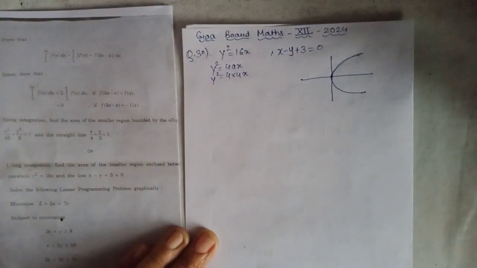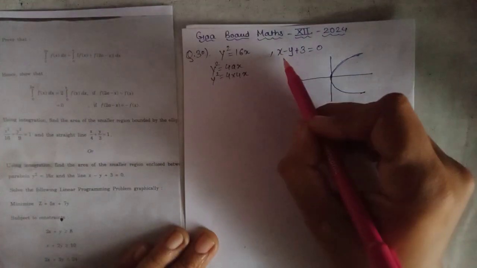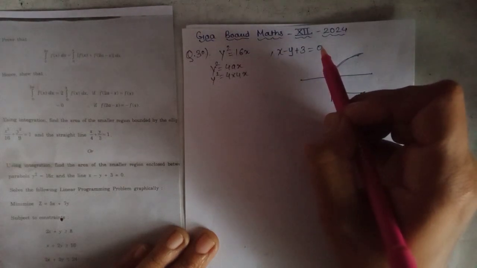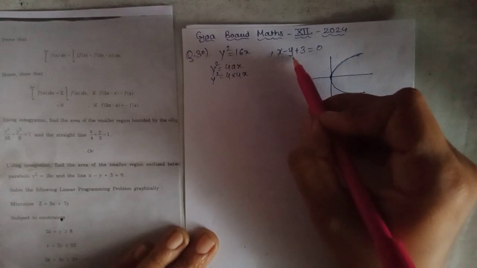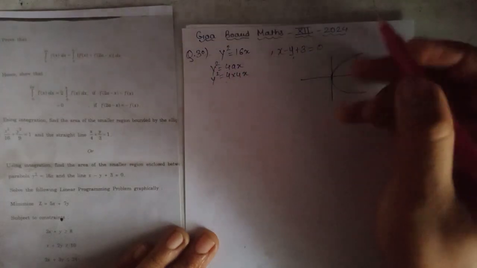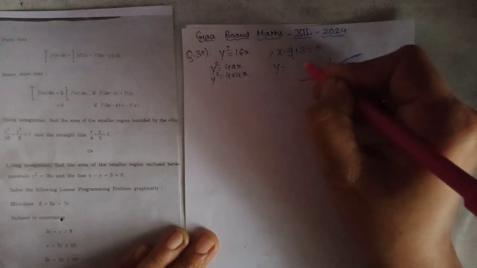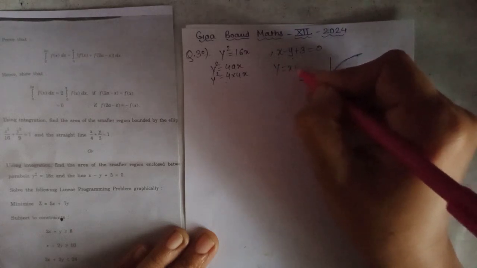Now we have to find the points which are common to both. So the line is x minus y plus 3 equal to 0. You have to substitute this x or y in this equation. So I'll take y equal to x plus 3.